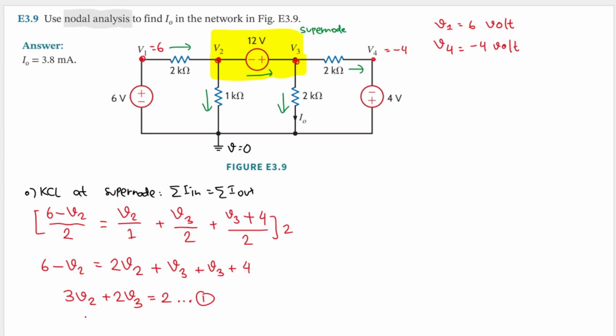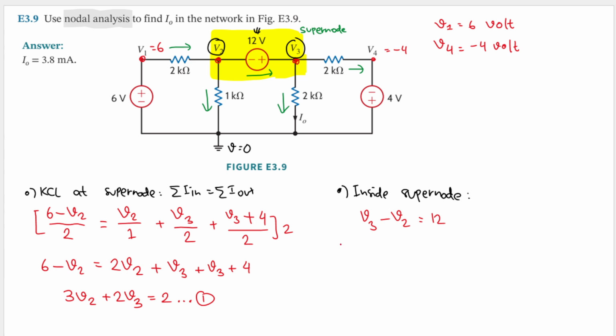But we have two variables here, V2 and V3. So how do we get the other equation? We take a look inside the supernode. Remember that this is a voltage source, meaning the difference between this node and this node has to be its magnitude. So V3 minus V2 equals the magnitude of this voltage source, which is 12.